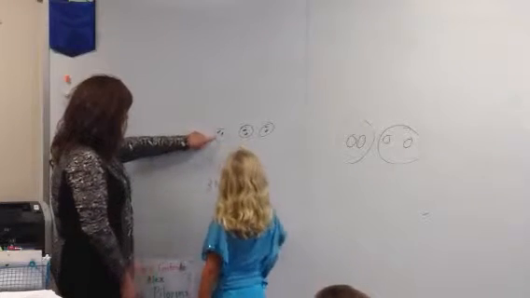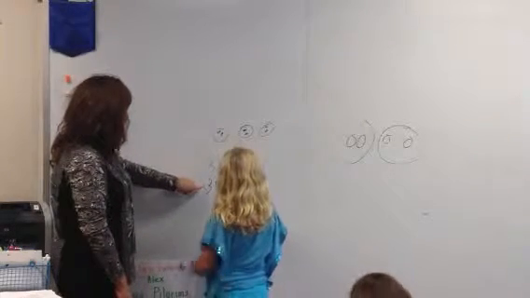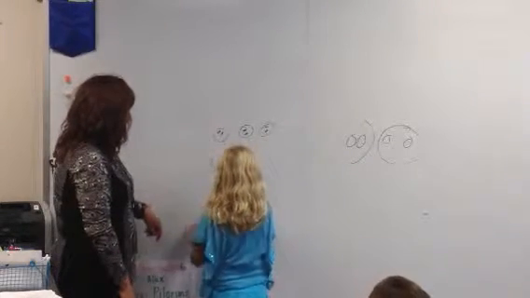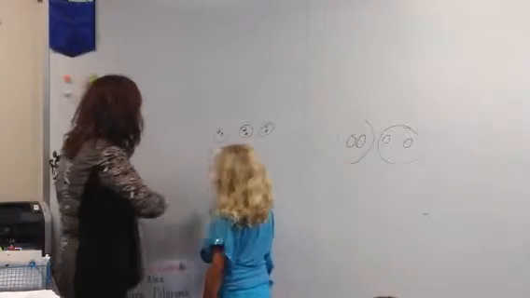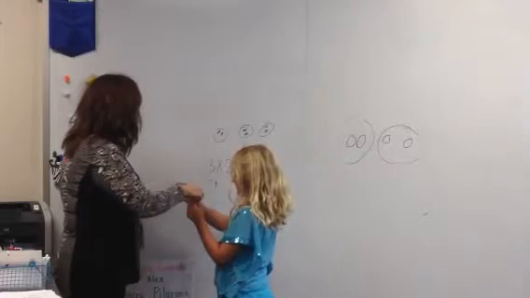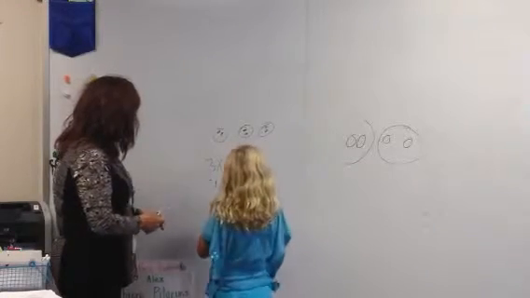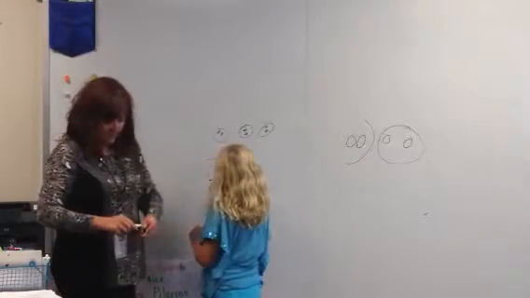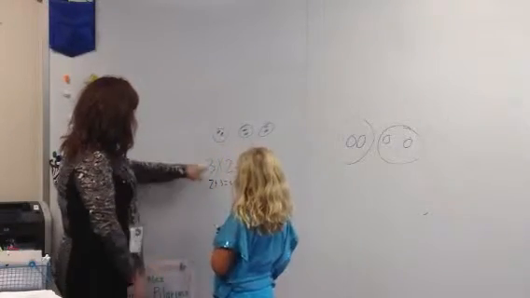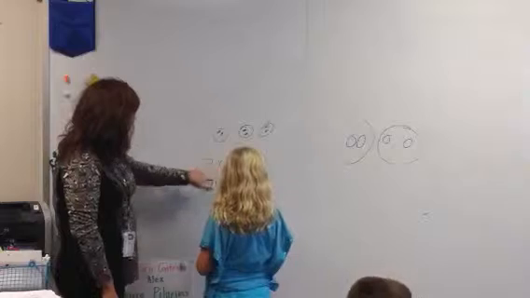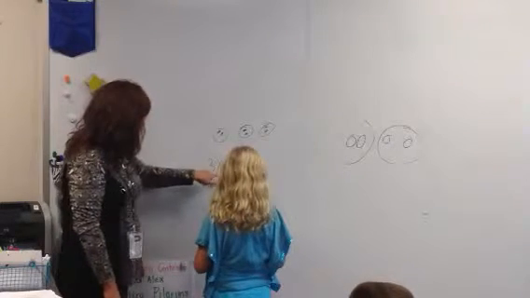Wait, how many is inside the circles? Right, so how many is this? 2, right? 2. So 1 here. Wait, how many 2s do you need to make that?